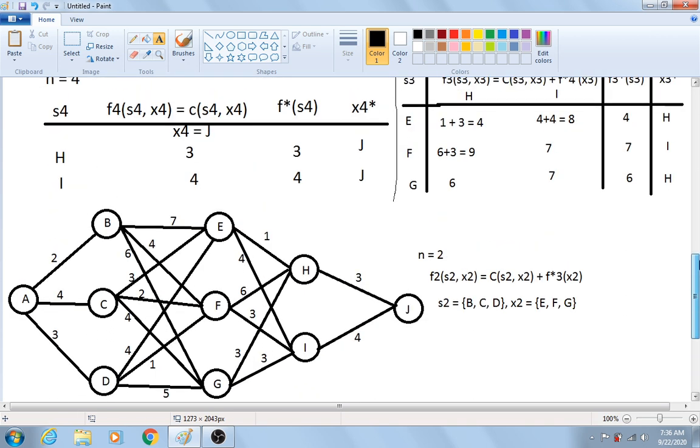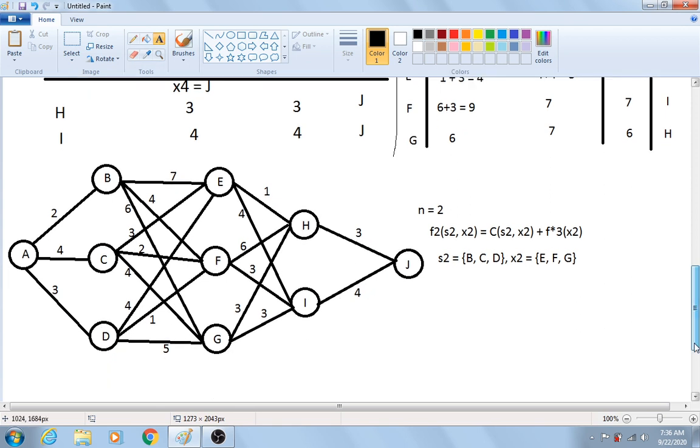So this is it. Okay, now we need to make that table. So we will have what here?